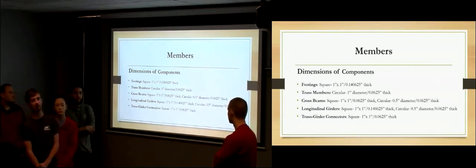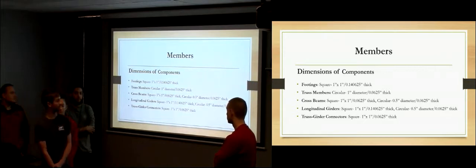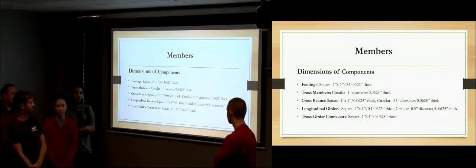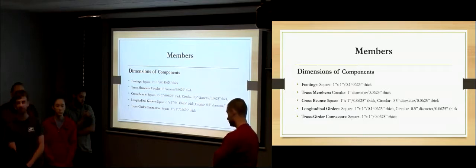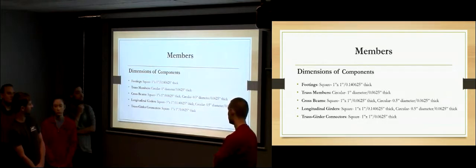The circular secondary members were half-inch diameter with a thickness of 0.0625. The girders had a little higher thickness, 0.140625, and the little circle members in between had a thickness of 0.0625. They were all about the same thickness.